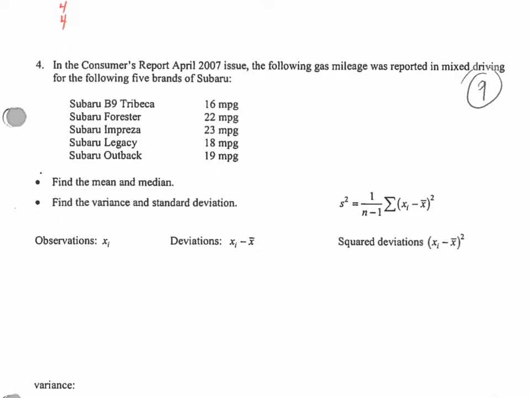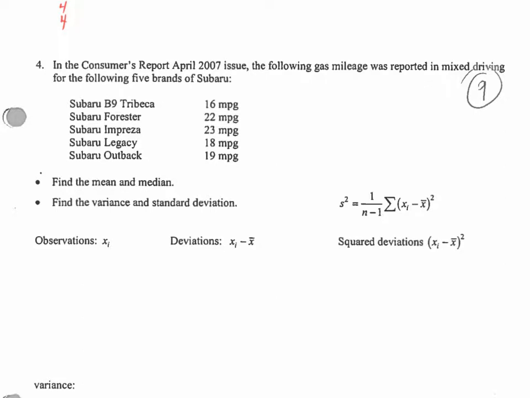So, number 4 asks you to take these 5 numbers, these are the Consumer Reports, 5 brands of Subaru cars, and asks you to find the mean and the median, and then find the variance and standard deviation. And we're going to do that by hand with the formula. I'm going to do that once through with you, even though we kind of did it with our heights. So let's take a look at these.